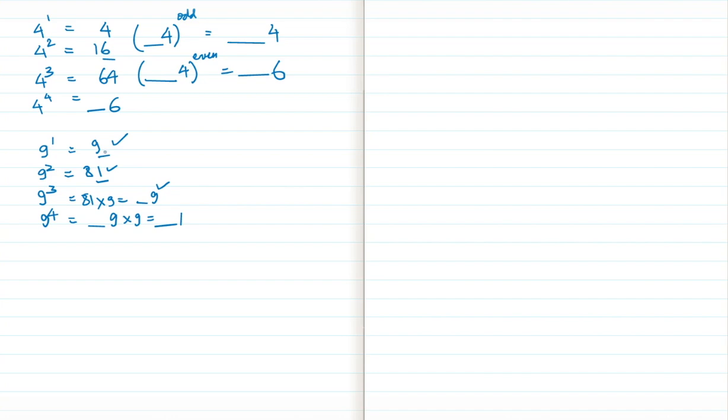For every odd power of a number ending in 9, the last digit of the result is going to be 9. Likewise, any even power of a number ending in 9 would have the last digit 1. So we would say that 4 and 9 have a cyclicity of 2.